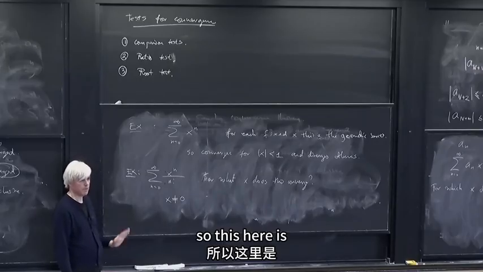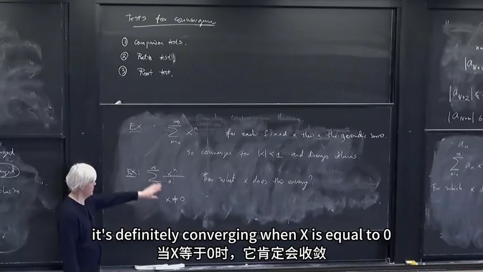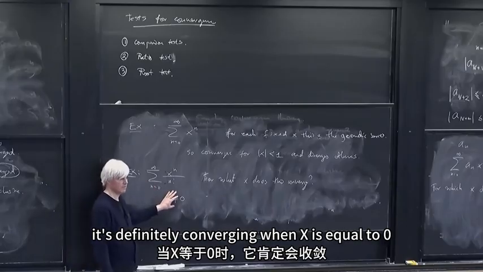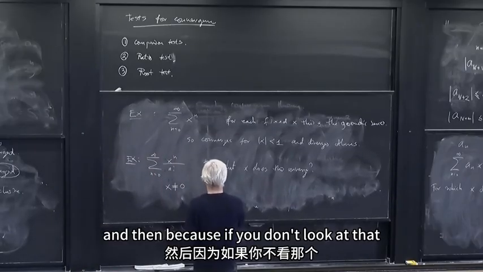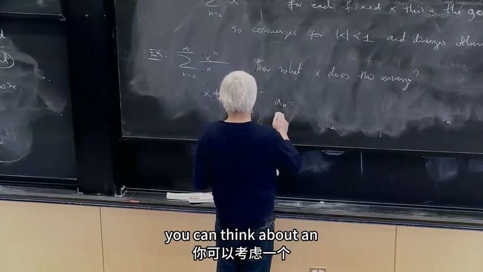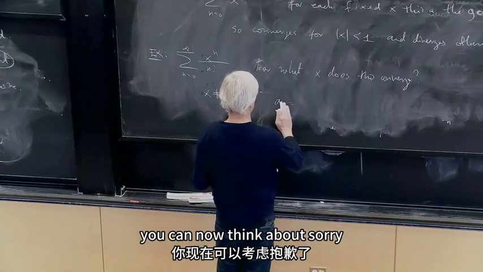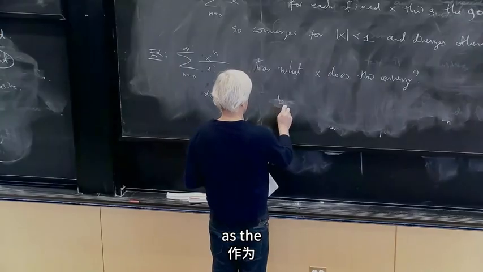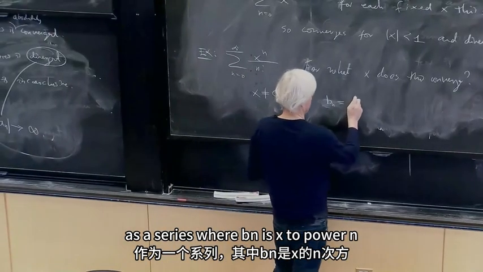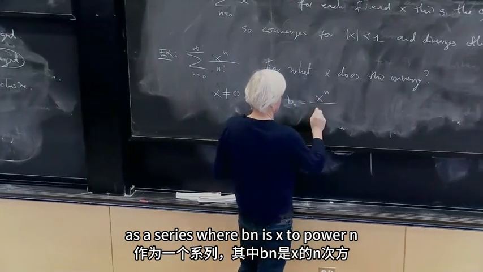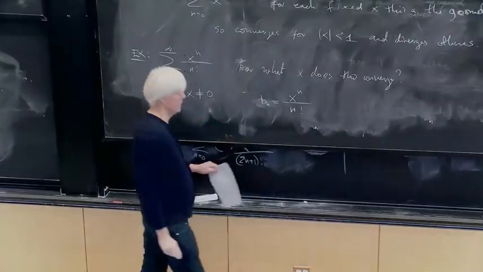So this is definitely converging when x is equal to 0. So let's not look at that. Then you can think about the series where bn is x to the power n over n factorial.